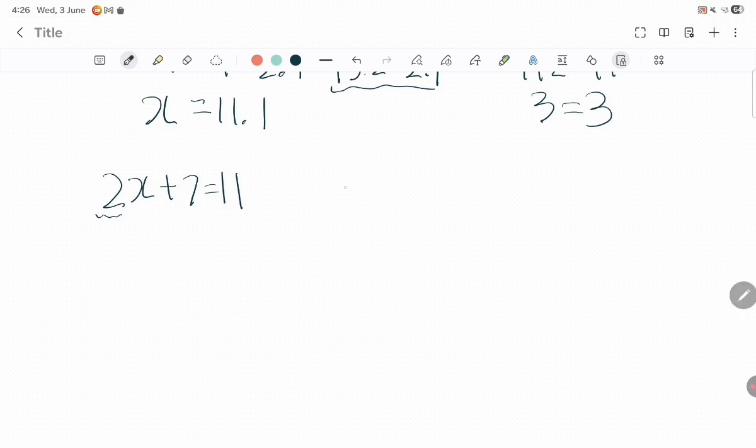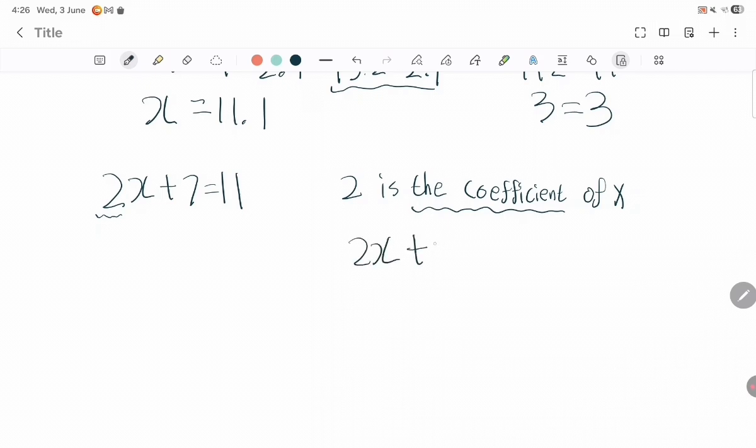In this case, 2 is the coefficient of x. So the number next to a variable is called a coefficient. Let's look at this expression, 3y plus 3z. Then 2 is the coefficient of x, 3 is the coefficient of y, and the same goes for 3z, 3 is the coefficient of z.